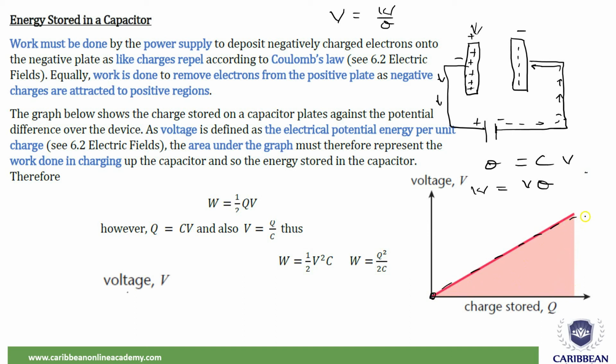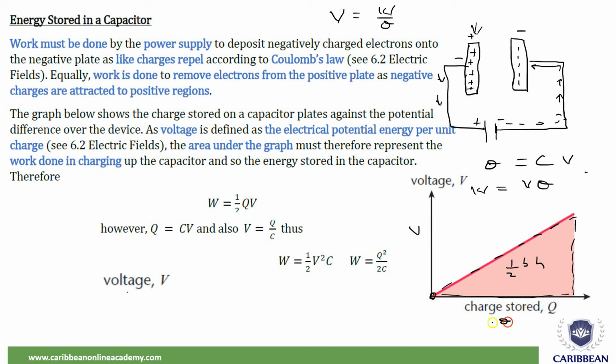And underneath this graph, we have a triangle. And we know a triangle, whenever we're trying to find the area, we use the formula half the base times the height. So what is my height? My height is my voltage.